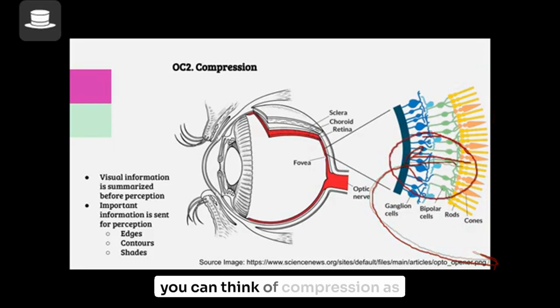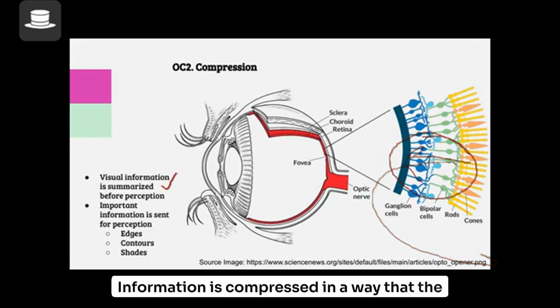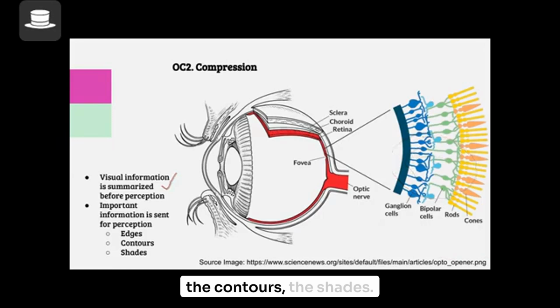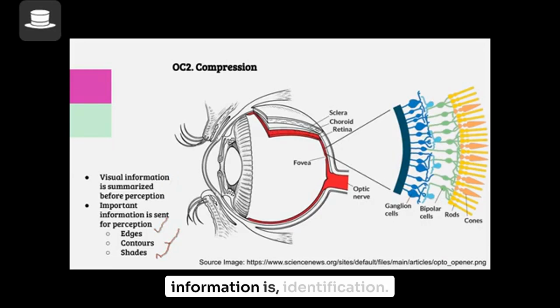You can think of compression as a summarization. Information is compressed in a way that the most important information is definitely sent to the brain. The important information includes the edges, the contours, the shades, information sufficient for you to detect what an object is, because that's what perception is, which is interpreting what the captured information is.